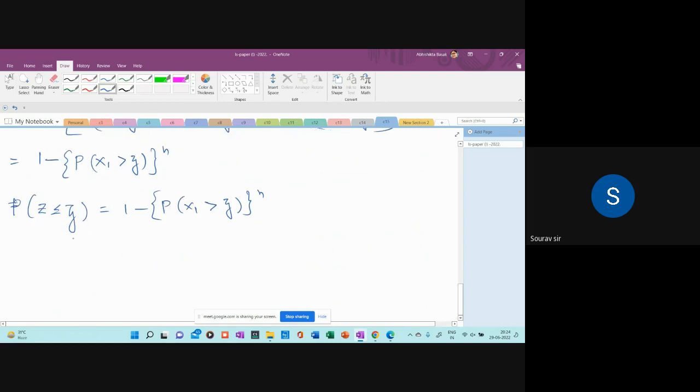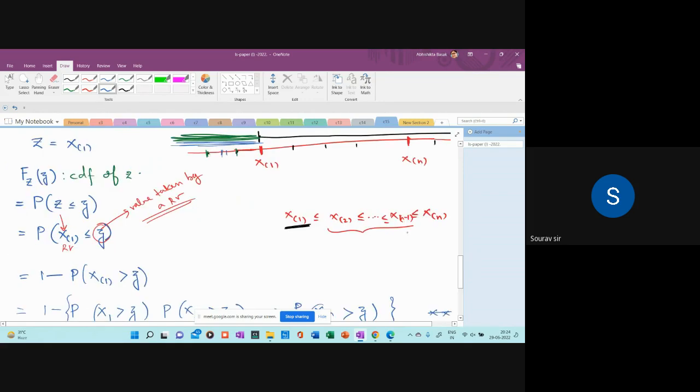Now we will find the PDF. PDF is small f of z. They have defined it to be GZ, which is d/dz of FZ. Or instead of giving the FZ, I should have given the name capital GZ to keep a parity with the PDF.